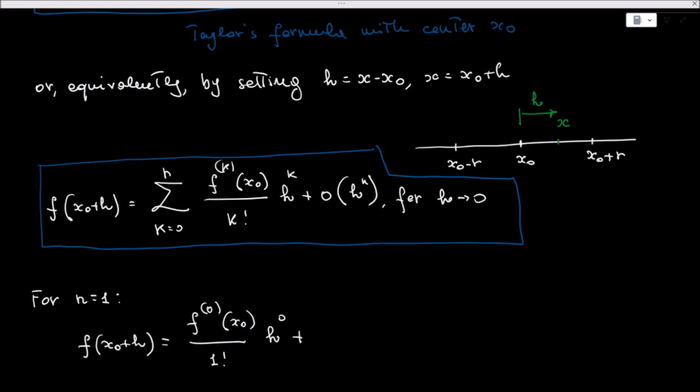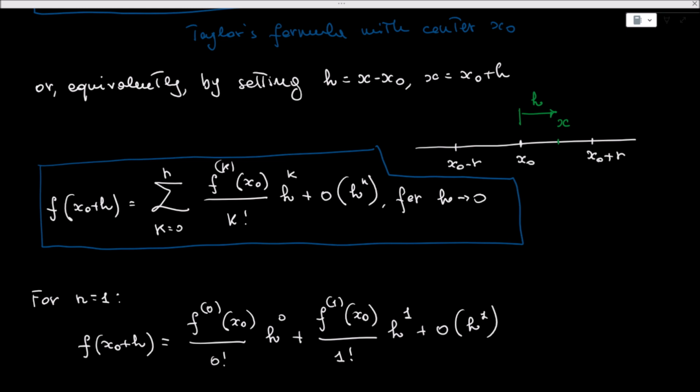The second term, for k equal 1, will be f of order 1 evaluated at x0 divided by 1 factorial, h to the 1, plus little o of h to the 1.